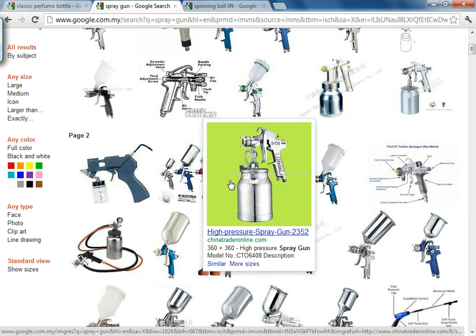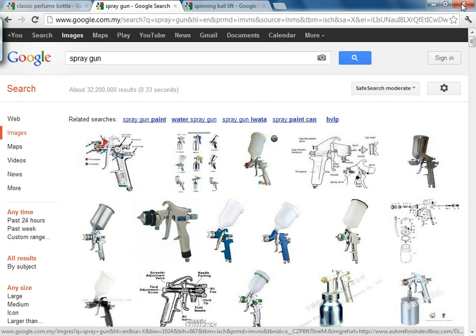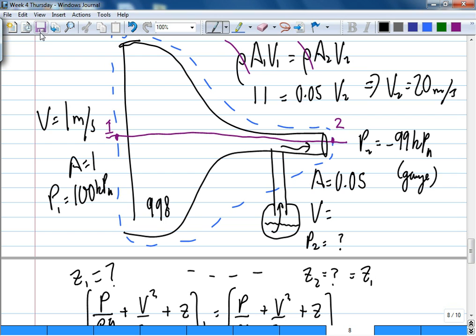What comes out will be a mixture of liquid droplets and air. Okay. I think I should stop here. We'll do the last part, the other story, later on. Okay, so save.